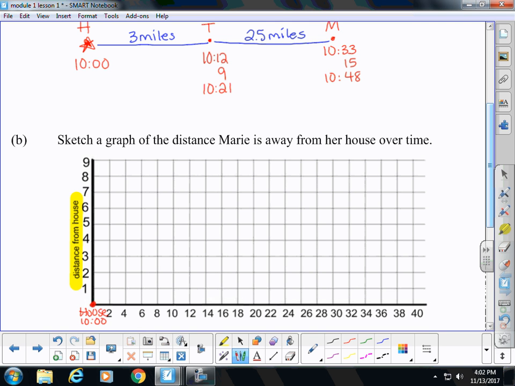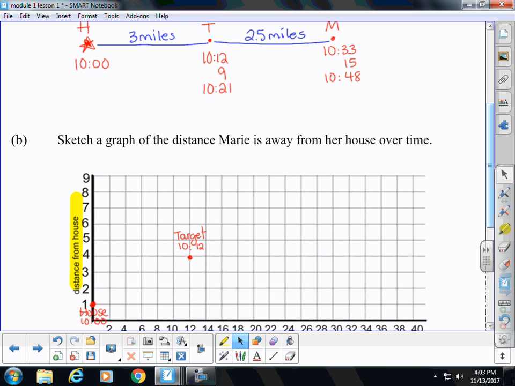Then she travels 3 miles, and she arrives at Target at 10:12. On the x-axis, I'm going to go down to 12, which represents 10:12, and then I'm going to go up to 3 for 3 miles away from her house. That point represents Target, at 10:12, and she's 3 miles away.